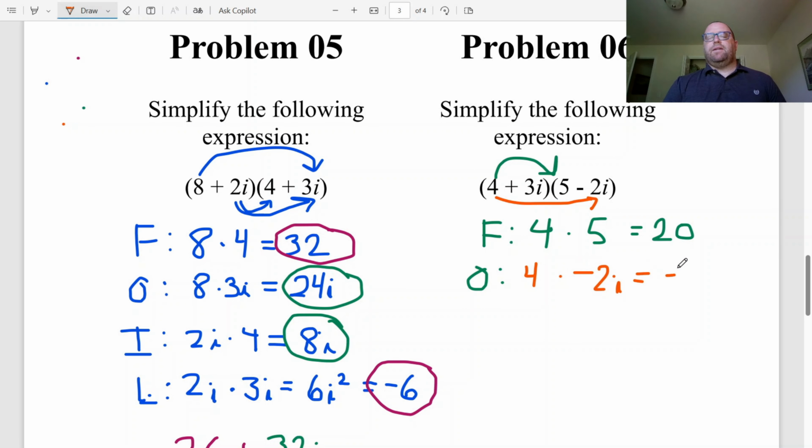That's going to be a negative 8i. Okay. Then let's do the inner term. So 3i times 5. And that's going to give us 15i.